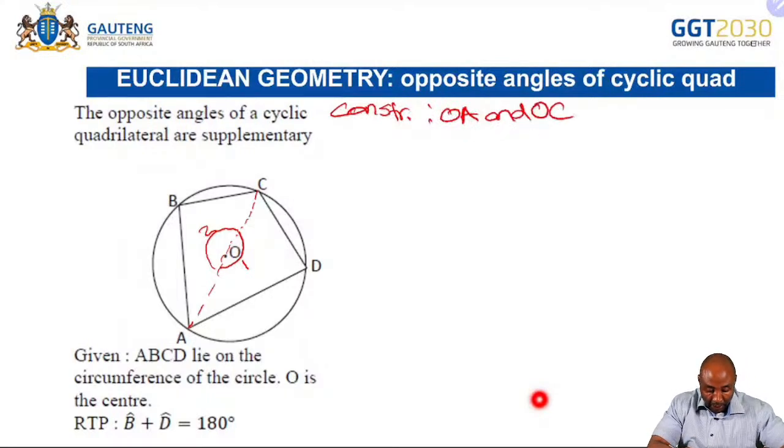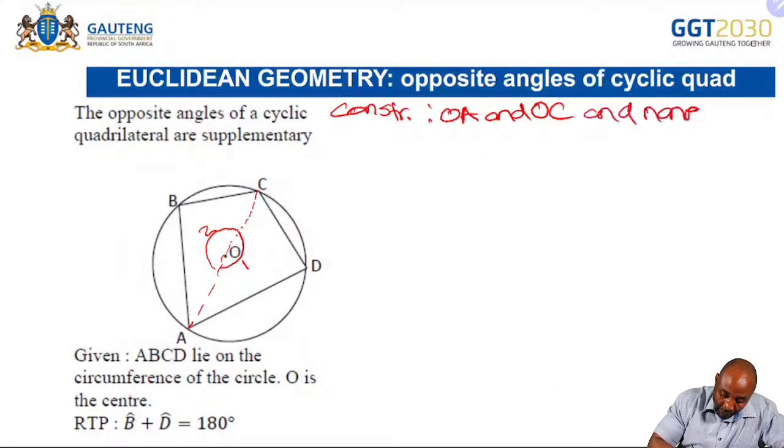Please, that one is not a straight line. I know because the diagram looks like that, but it's not a straight line. So don't construct AC, but you construct OA and OC and name the angles O1 and O2.